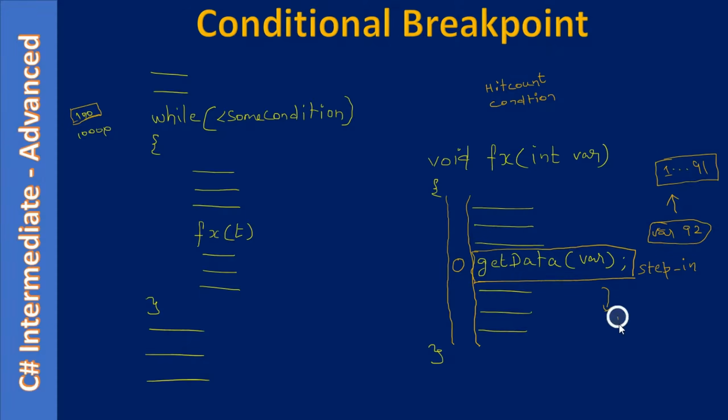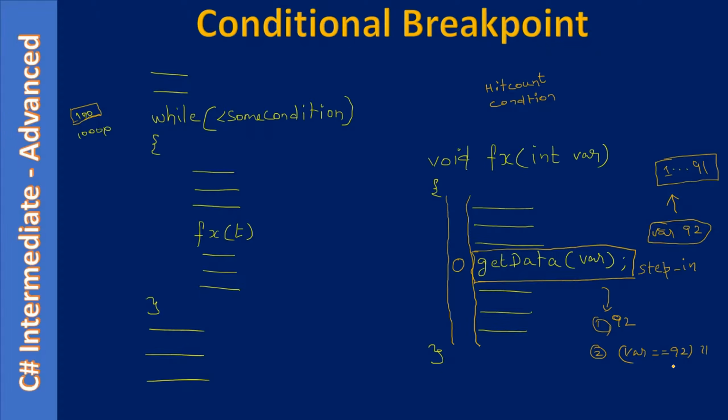So you can set hit count as 92. This is one technique. Or you can set a condition that a variable should hold the value 92. So when we make use of a variable, you can form condition like this. The advantage here is you can form complex condition.